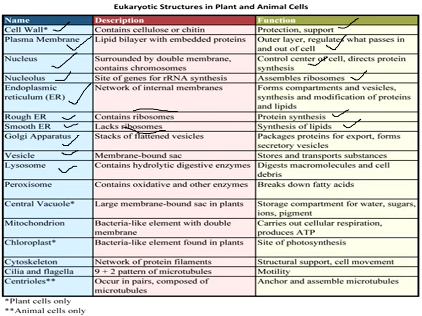Lysosome is very similar to the stomach of the cell because it digests macromolecules. Peroxisome you don't really need to know, but it breaks down fatty acids, it breaks down lipids. The central vacuole is found only in plant cells because that stores water and sugars.